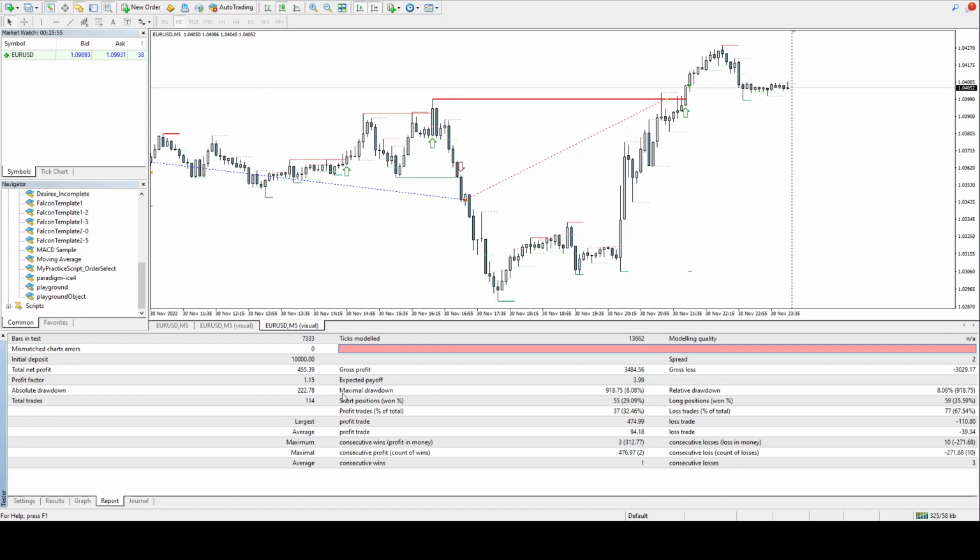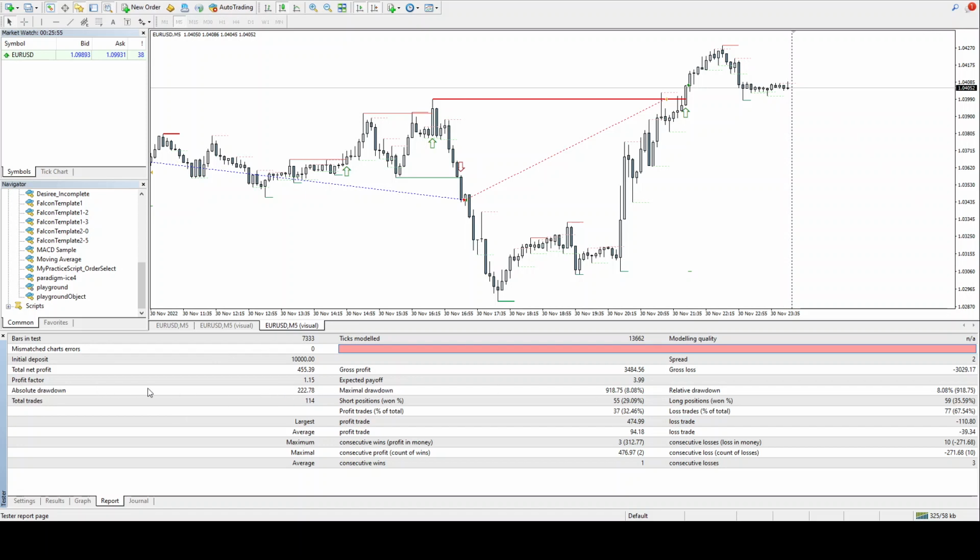So pay attention, the maximum drawdown is based on equity, okay, the highest equity minus the lowest equity. So find the difference between the highest value in the equity and the lowest value of the equity. Okay, so both of them are important.